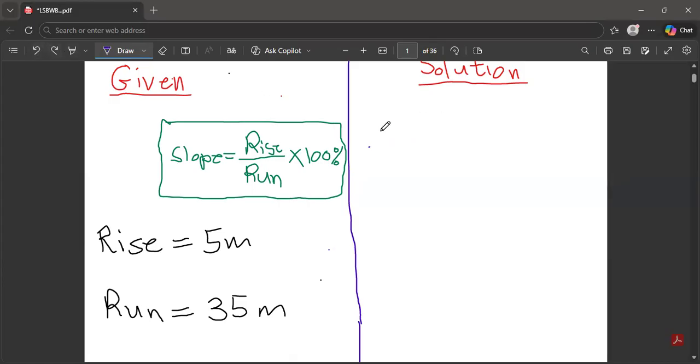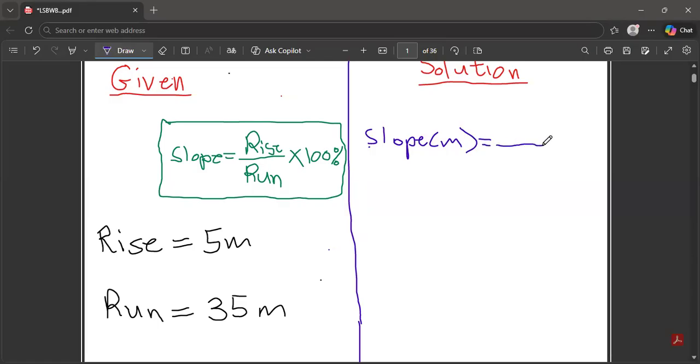The slope, also known as the M, or the gradient, is now equal to the rise, 5 meters, all over 35, times 100.